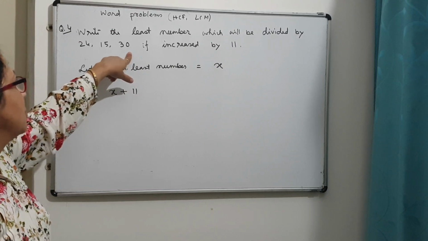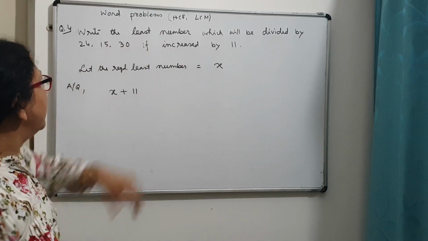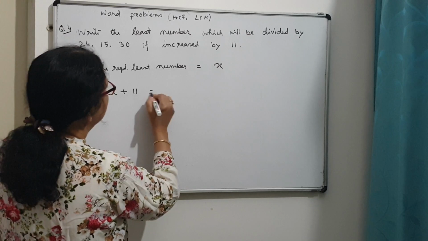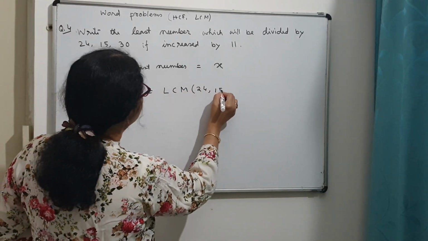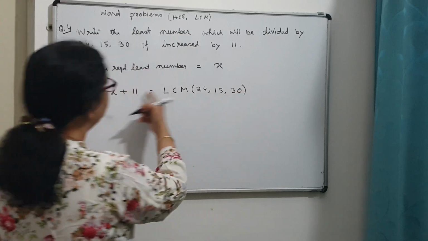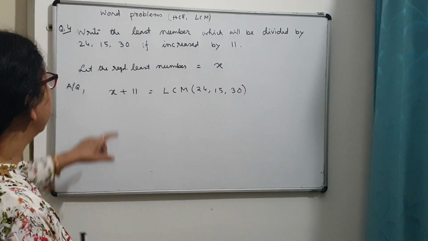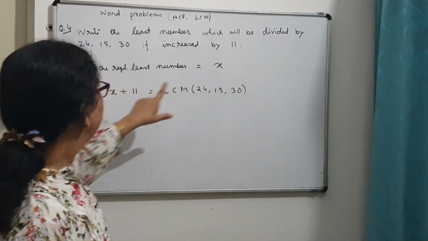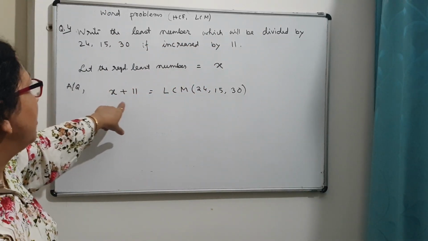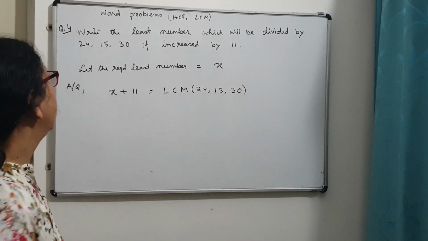Since this is the least number, it will be the least common multiple of 24, 15 and 30. This is the main step that you have to understand. If I assume the number that we have to find as a variable, then very easily we can formulate our solution in this way.